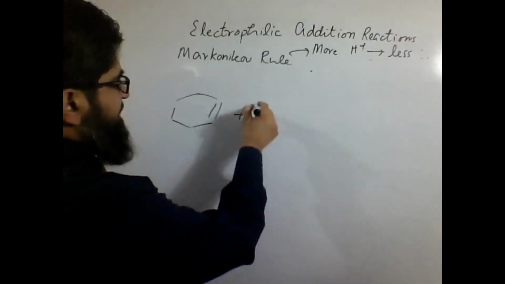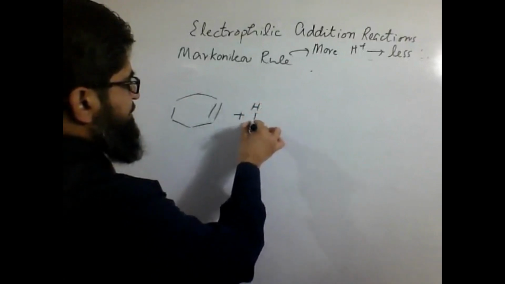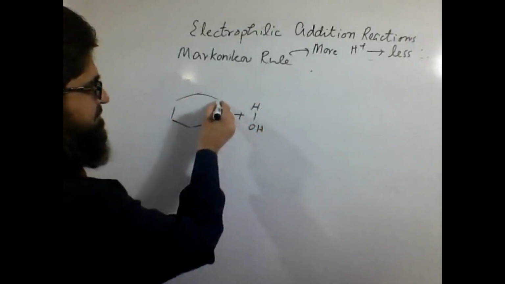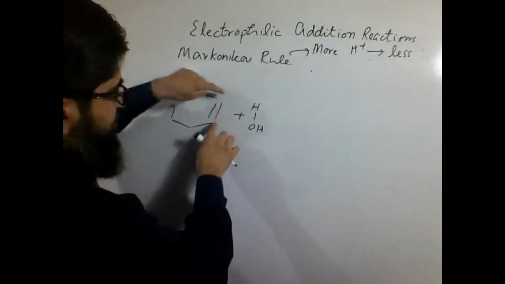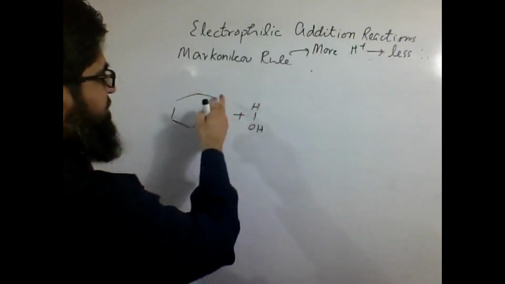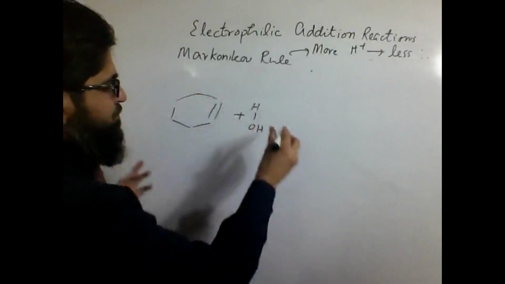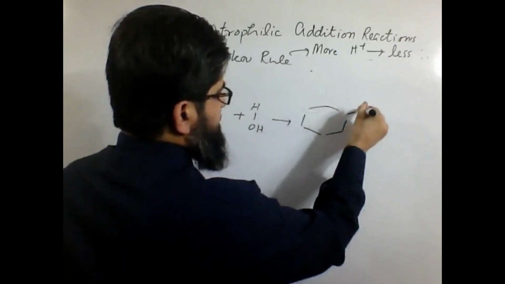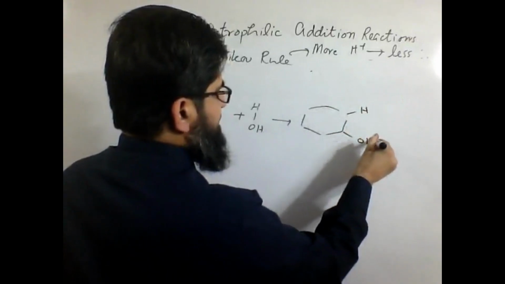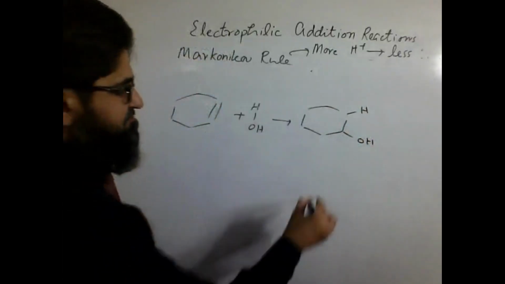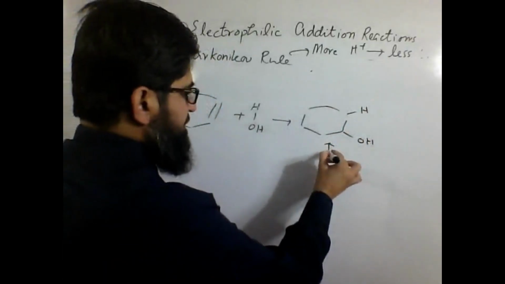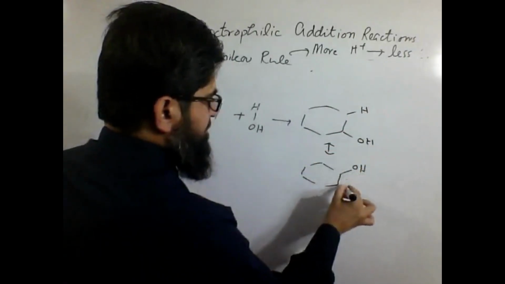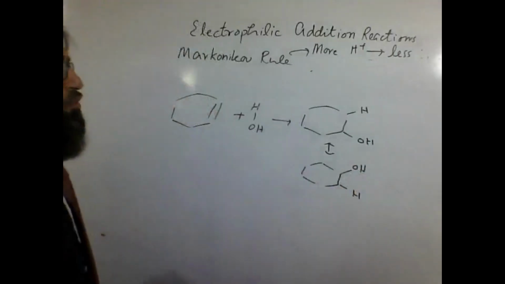If you want to do hydration, water, again this alkene carries same number of hydrogen on both sides. So hydrogen can attack on this side or on this side, that is no issue, both are the same. So the product is going to be proton and over here hydroxyl group. Both are the same, no problems at all.